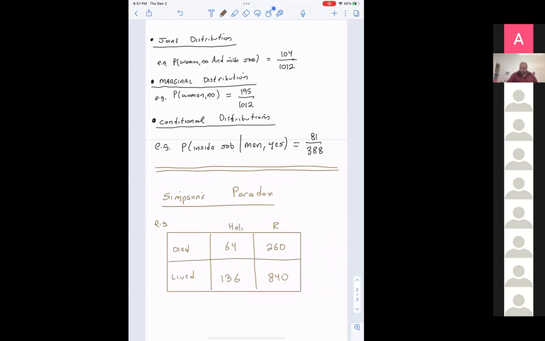Died, went by helo or by road. So what I have here is the joint distribution of both variables.